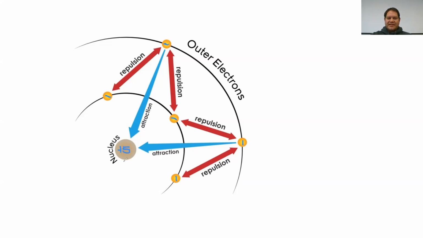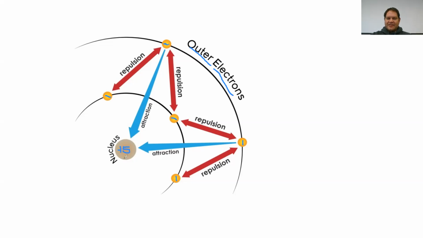Which really means that we have 5 protons in the nucleus. And all 5 of these protons are attracted to all of these electrons in the atom. But we're really focusing on these 5 protons attracting to these outer valence electrons. And that's what's really the most important part of our discussion, the electrostatic attraction between the nucleus of the atom and the valence electrons, okay?